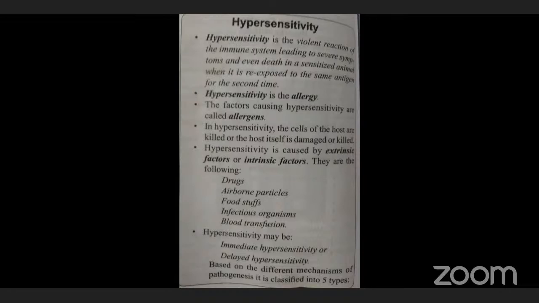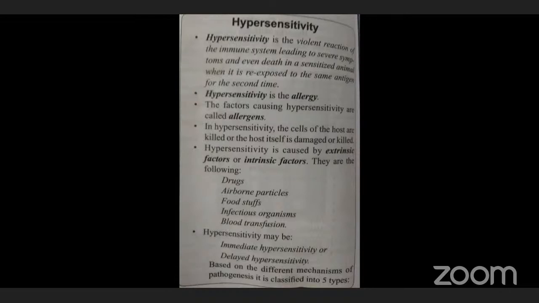The immune system is always directed towards the protection of the host, but the hypersensitivity immune response becomes injurious to the host. So normally the immune response is a protection of the host, but in hypersensitivity reactions the immune response becomes injurious to the host. Hence the immune response becomes a destructive process in hypersensitivity.